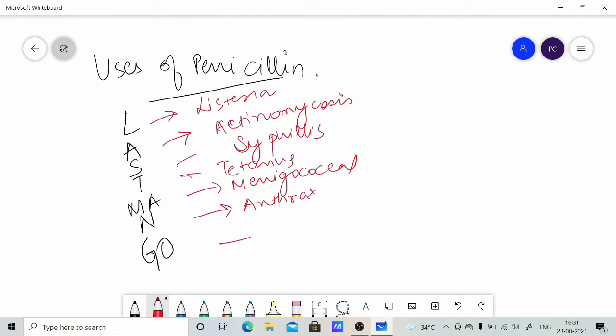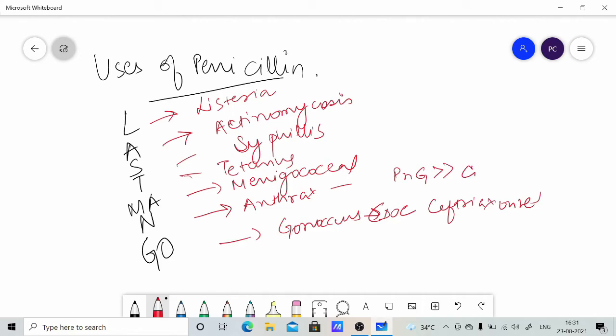and against gonococcus. But the drug of choice for gonococcus is ceftriaxone. In anthrax also, Pen-G is given, but ciprofloxacin can also be given, though Pen-G is given more.